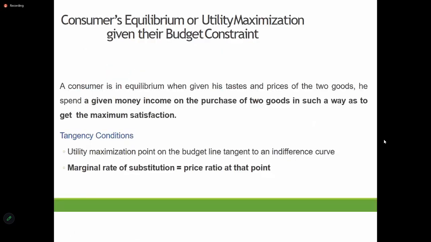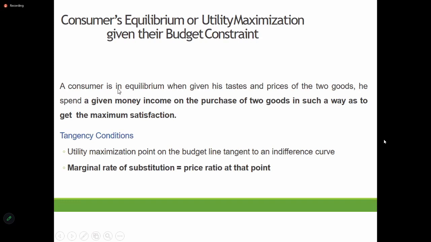Then you can see the consumer's equilibrium point. How to find this equilibrium point or utility maximization point with budget constraints? First, we discussed equilibrium and utility maximization using marginal utility. Now we are combining utility, budget, and equilibrium.